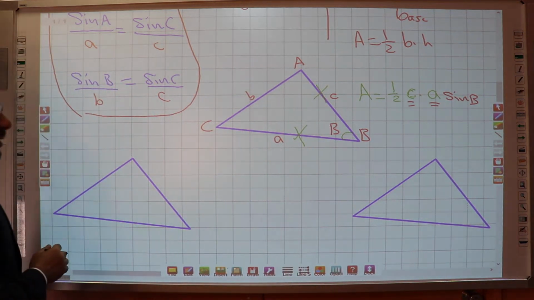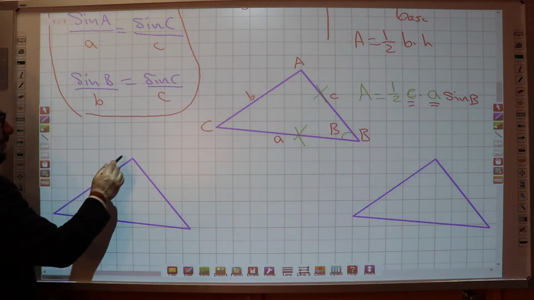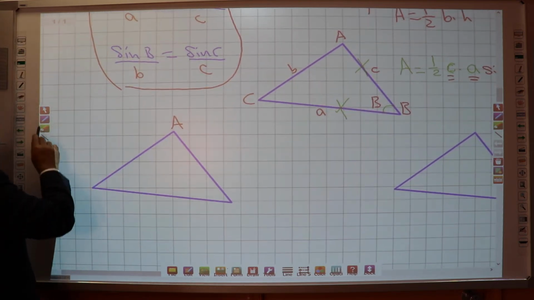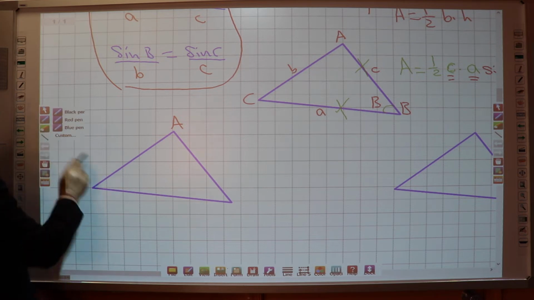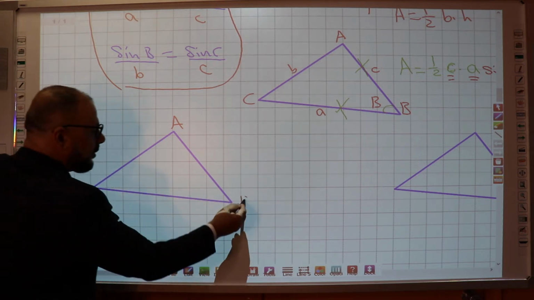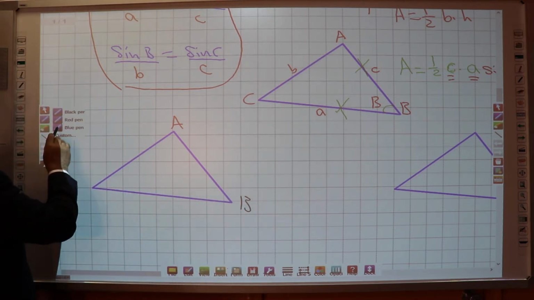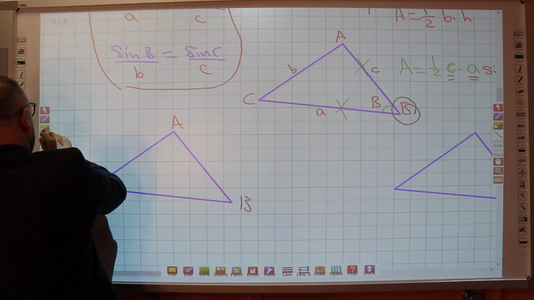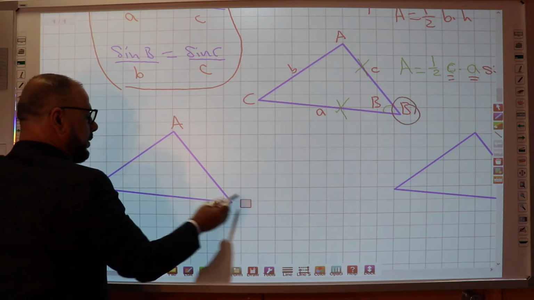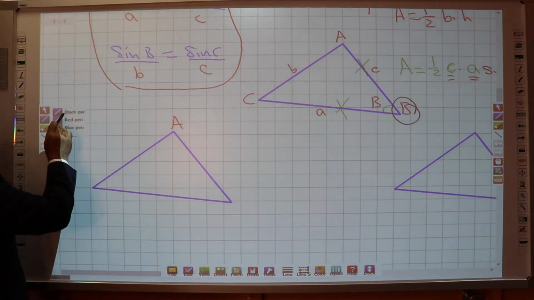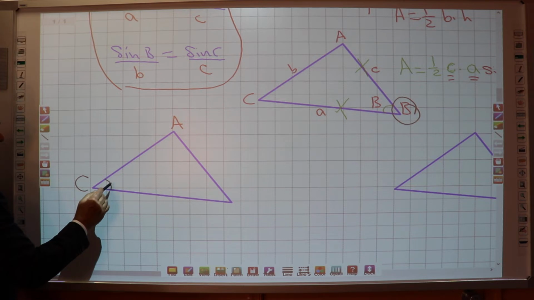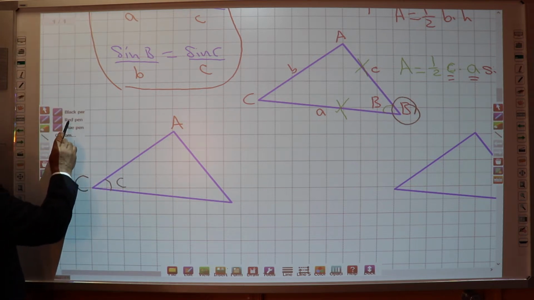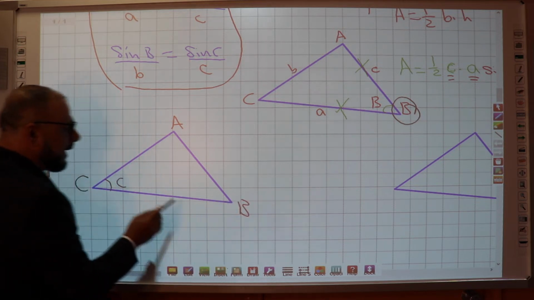Okay, let me go to this one. Make believe this is A, and this is B, and this is C. I like this one to have B here. And let me just have C given. If C is given, this C and this is B, then which sides do I need to know?